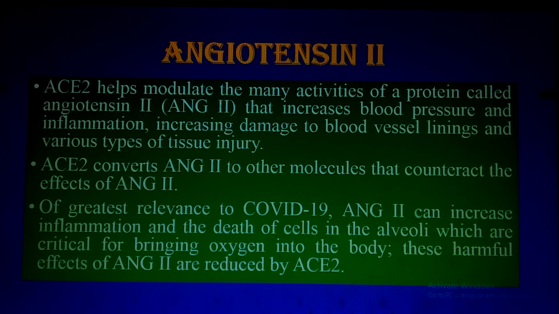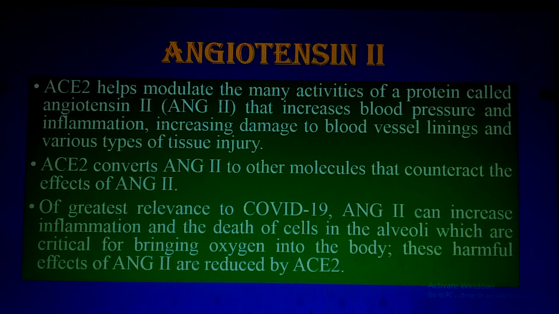ACE2 converts angiotensin 2 to other molecules that counteract the effects of angiotensin 2. So ACE2 plays a very important role in reducing the harmful activity of angiotensin 2 by converting it into other types of molecules, which reduces its effect, or you can say reduces the injury to the cell.